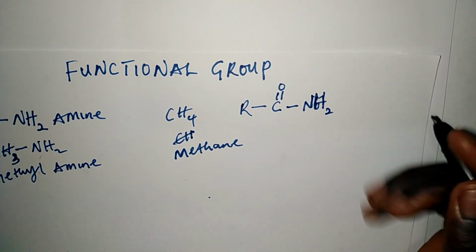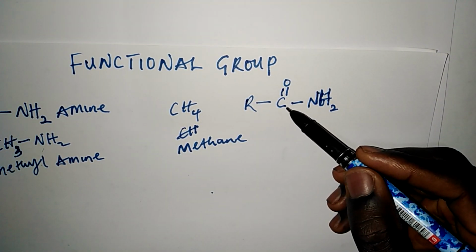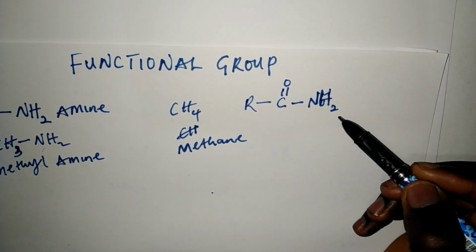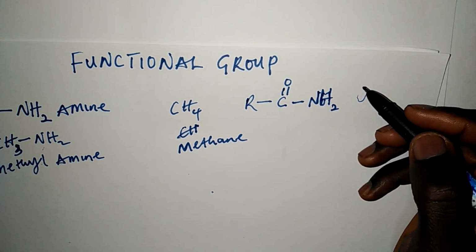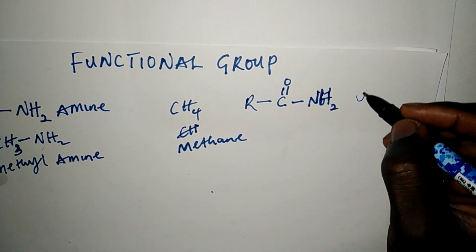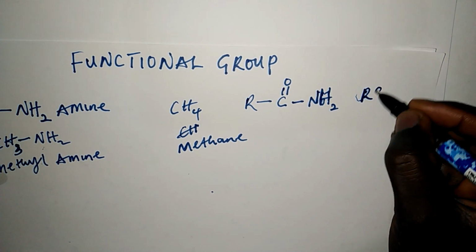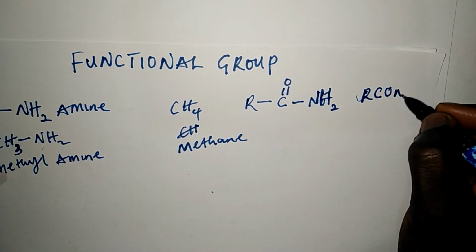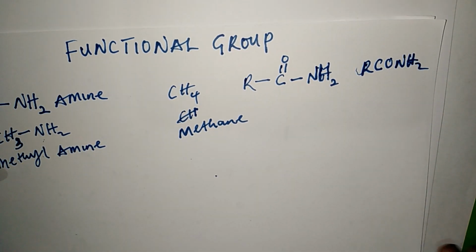Now you see, in this case, we're having a carbonyl carbon at the middle of the chain, and then we're having NH2. This can also be written sometimes. You can see it in some textbooks written as RCONH2.